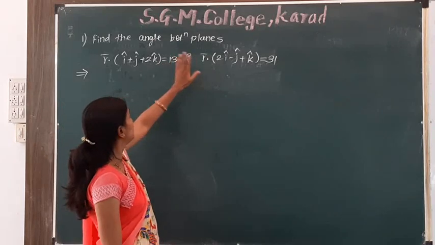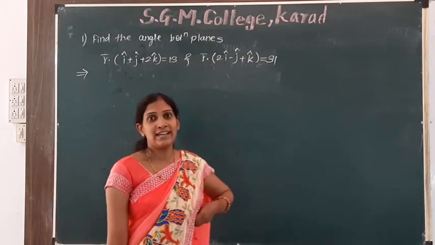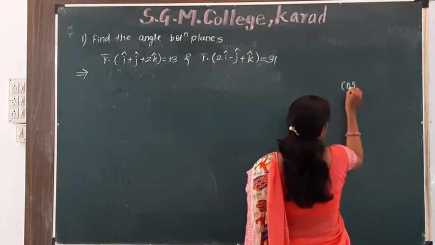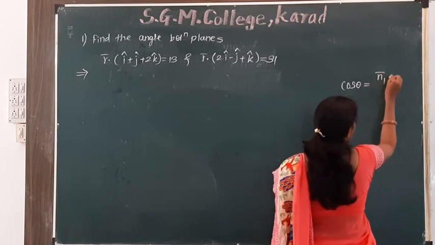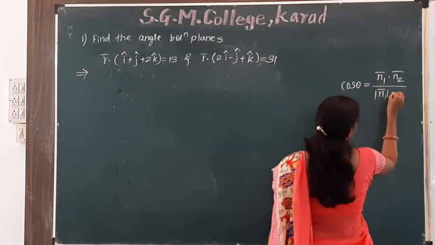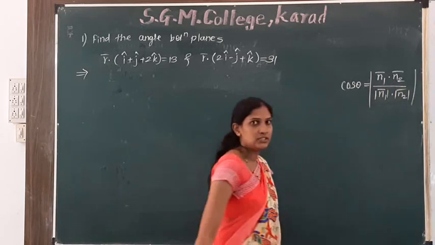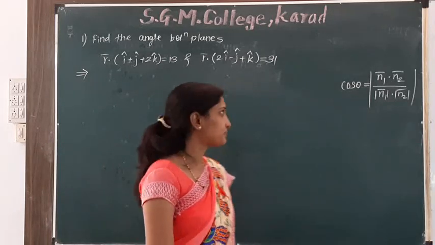We have to find the angle between these two planes. What is the formula of angle between these two planes? That is cos theta is equal to n1 bar dot n2 bar upon mod of n1 bar dot n2 bar. This is the formula which is angle between two planes.